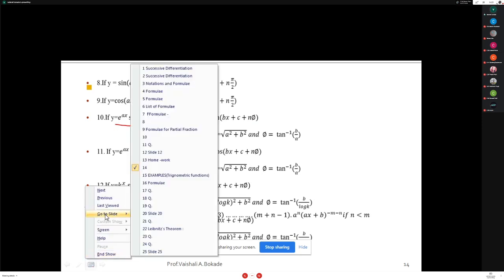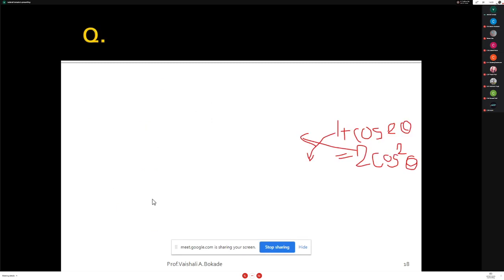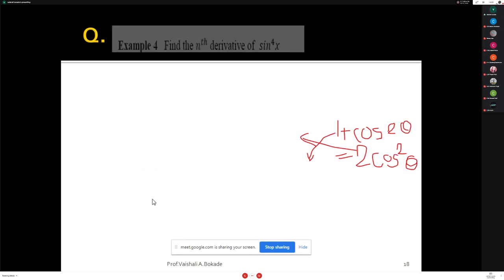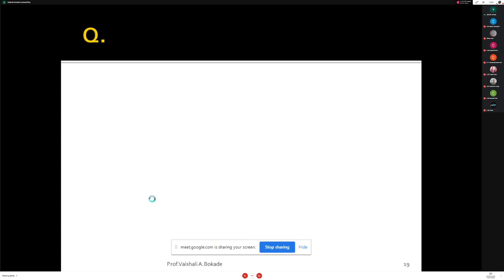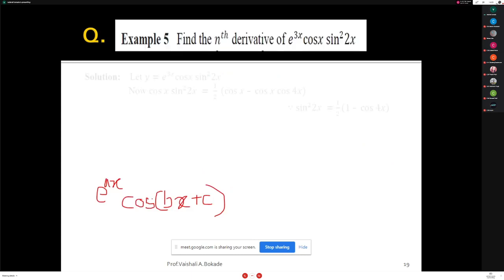The same formula I have to use here, so let us go for using that formula.